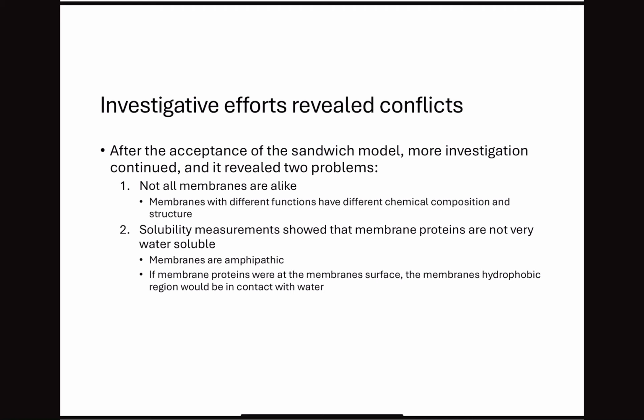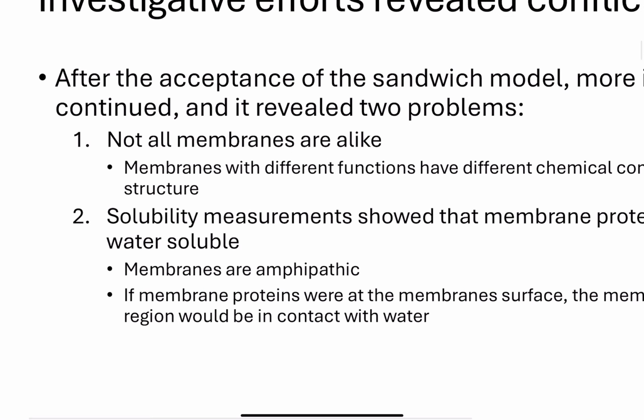Our research continued, and it actually ended up revealing two different problems. So what we found out was that not all of our membranes are alike. And what this means is that membranes have different functions and they have distinct chemical compositions and structures depending on what cell they're in, where they are, and all sorts of factors.